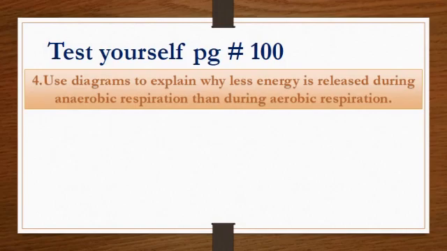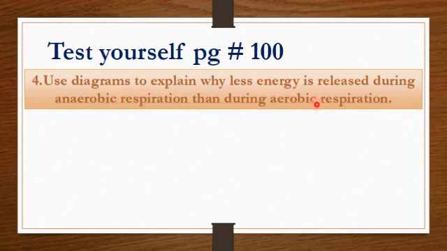Question number 4 is actually a summary of all the lesson that we have done right now. We need to use a diagram to explain why less energy is released during anaerobic respiration than during aerobic respiration. It's again a comparison. Already we have studied their definitions.